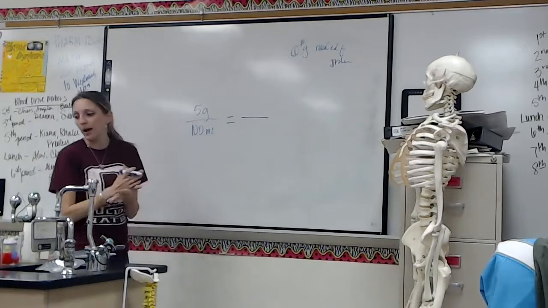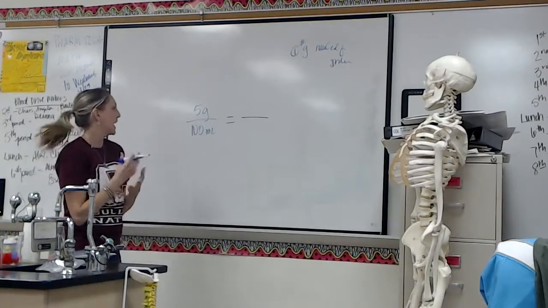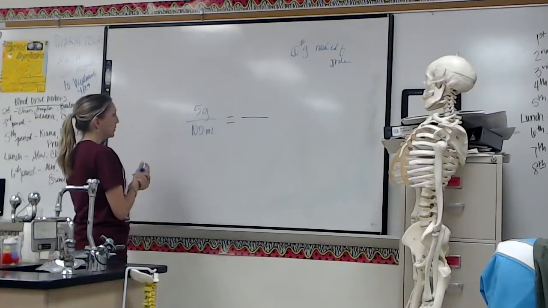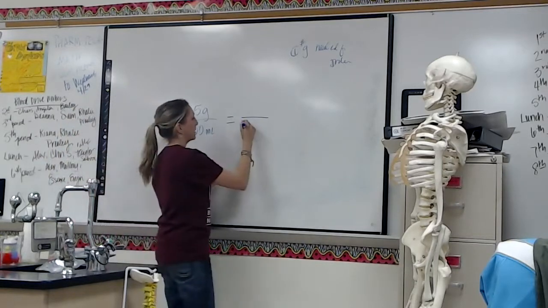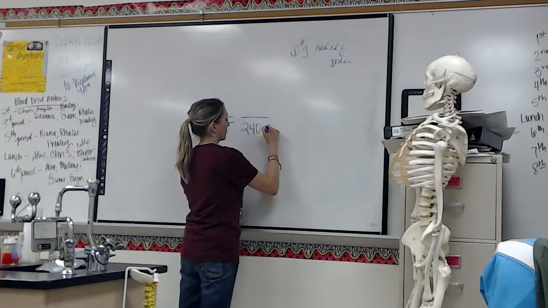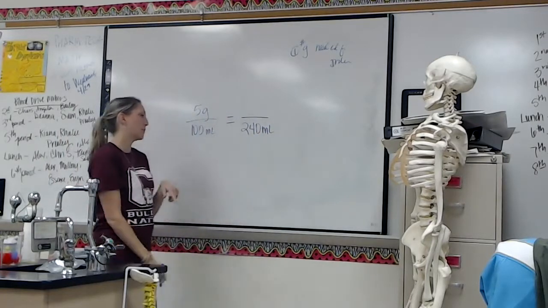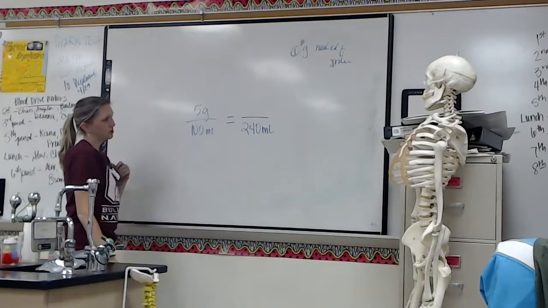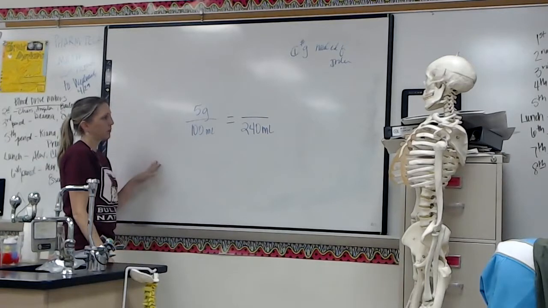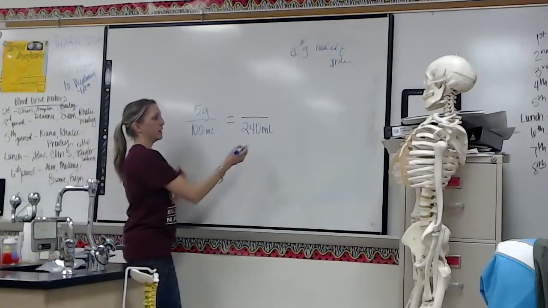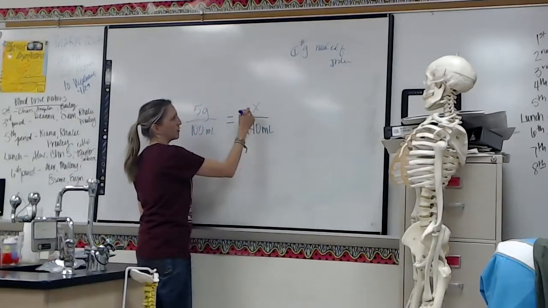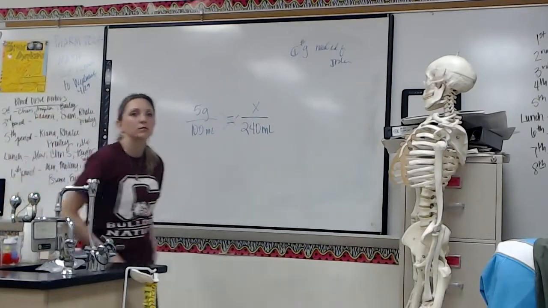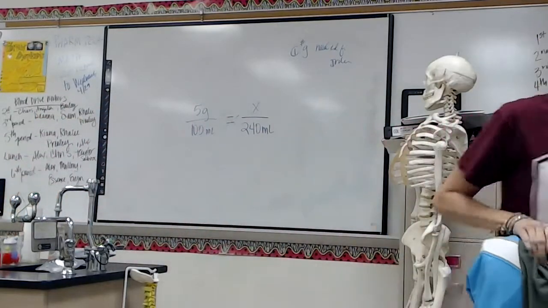So our total amount, how much do we want in the end? 8 ounces is how many milliliters? It should be 240. 8 ounces is a cup, and a cup has 240 milliliters, and each ounce has 30 milliliters. So we know in the end that's what we want, and we're trying to solve for X here.